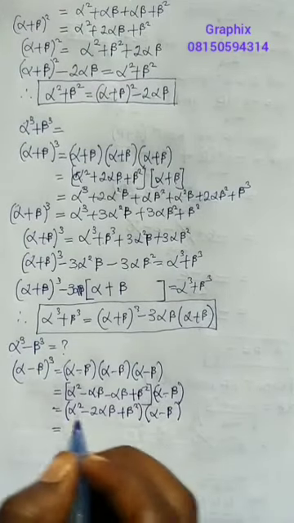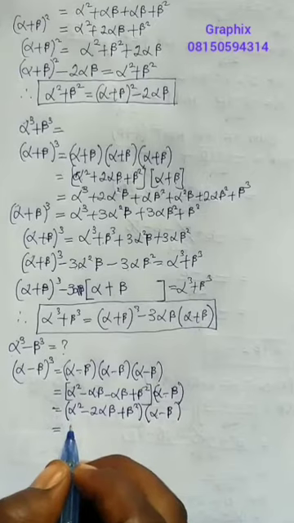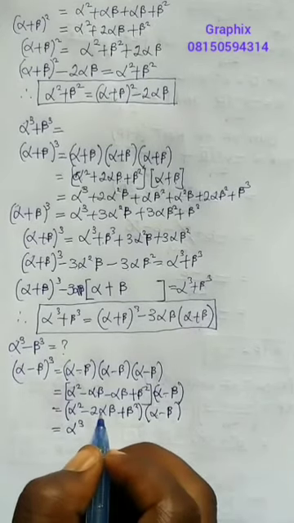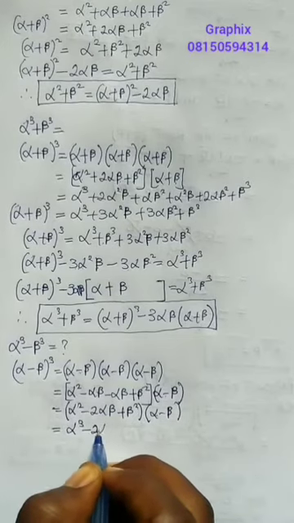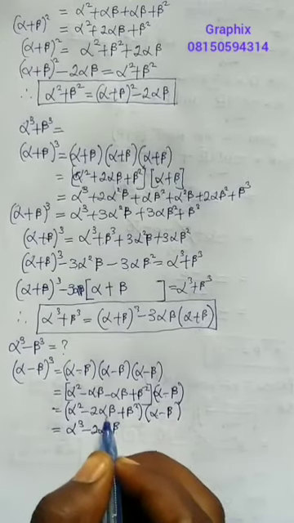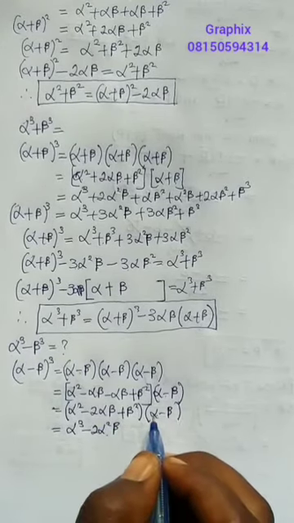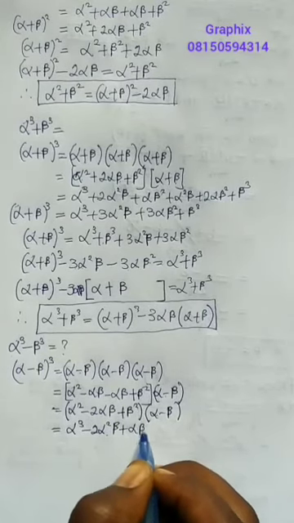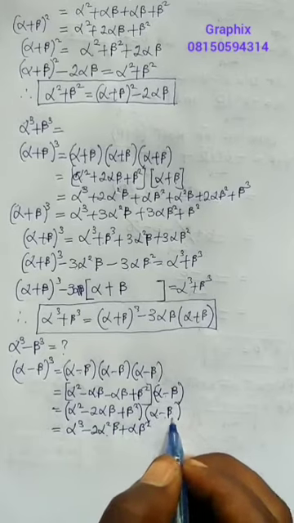So into brackets my alpha minus beta. Now if you expand this together, alpha times alpha squared will give you alpha cube. Alpha times the minus 2 alpha beta here will give you minus 2 alpha squared beta, because alpha times alpha is alpha squared. Alpha times beta squared will give you plus alpha beta squared. Now I'm going to minus beta.